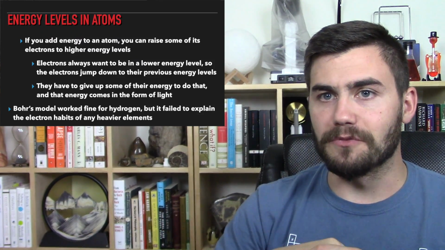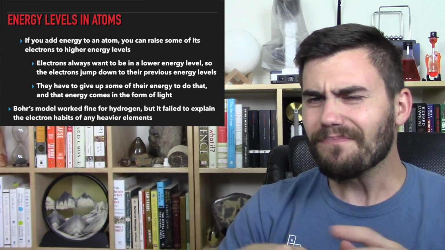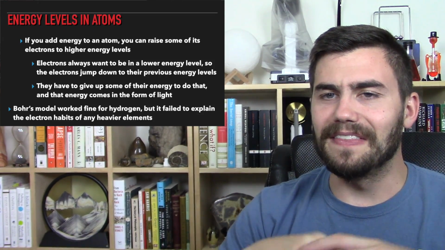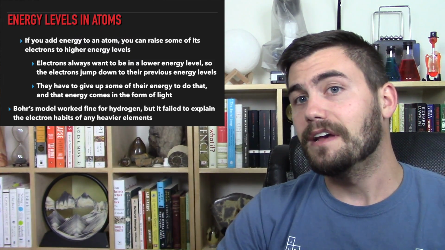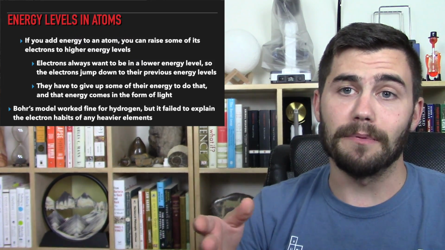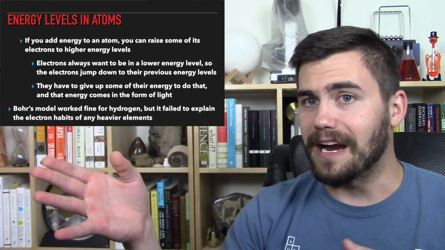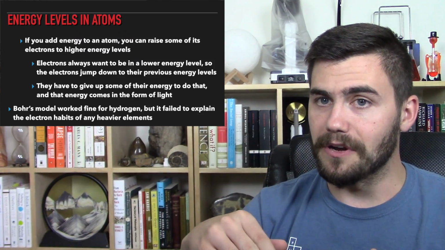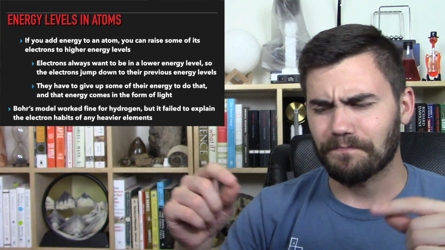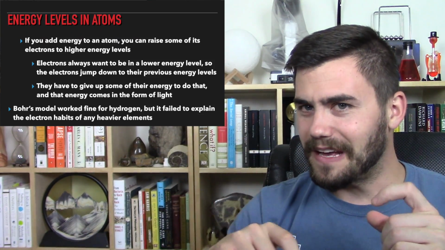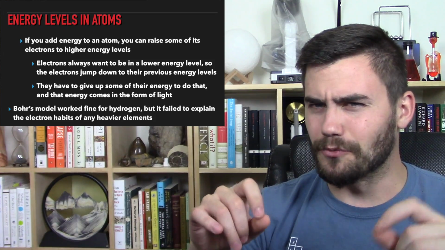And his model worked really well for hydrogen, but it failed to make the necessary predictions to accurately describe any other, heavier elements. And the problem was, it was easy for hydrogen because there was only one electron to worry about, but for other elements that have more than one electron, it turns out what electrons are actually doing is extremely weird.